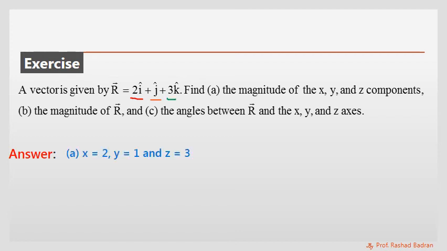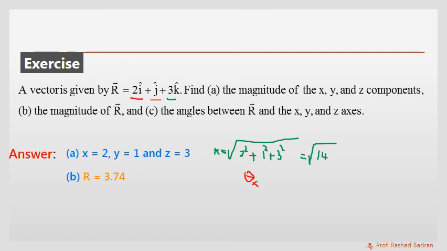For part B, to find the magnitude of the vector r, this is simply equal to the square root of the square of the x component, which is 2 squared, plus the square of the y component, plus the square of the z component, and this is simply square root of 14, and the answer is 3.74.